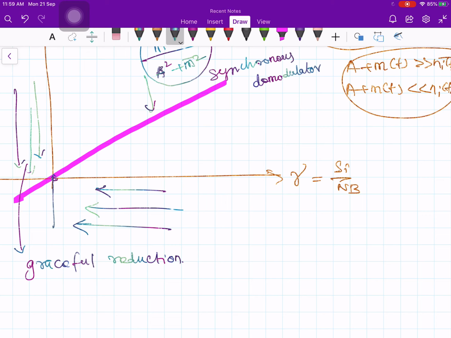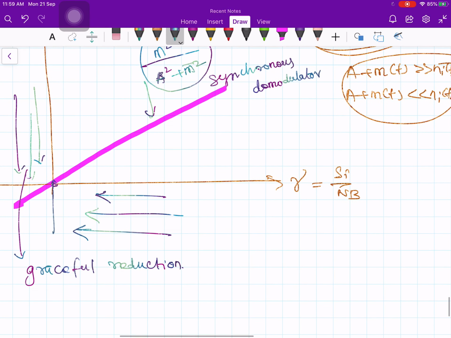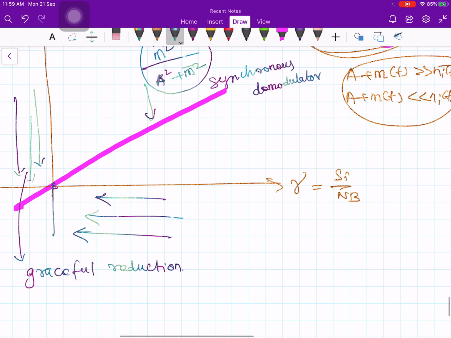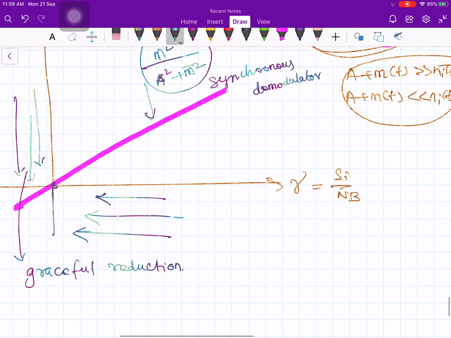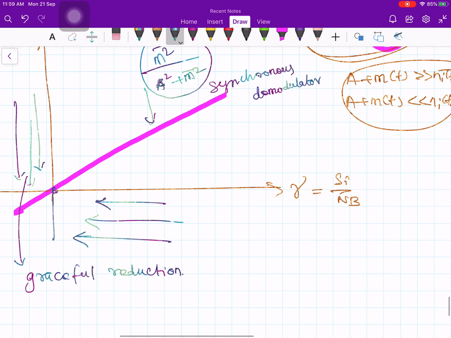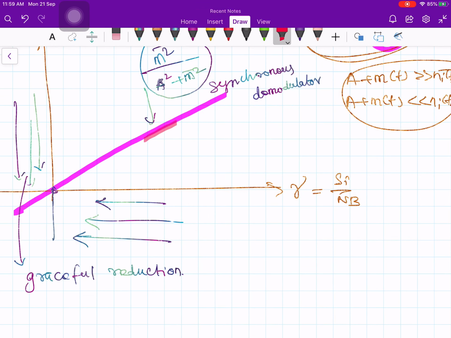Okay, now what will happen if you take an envelope detector? In the case of an envelope detector at high SNR, that means when the signal power is much higher than the noise power, then no problem. It will also follow like this. The moment you cross certain threshold point, then what happens? The input SNR is very low.